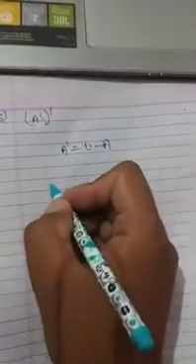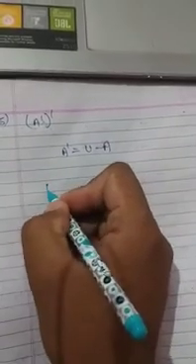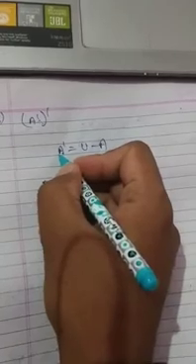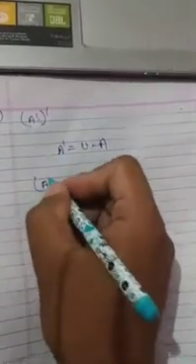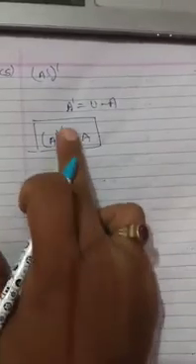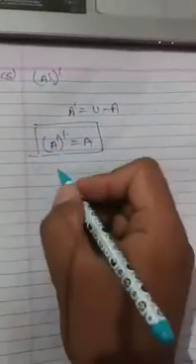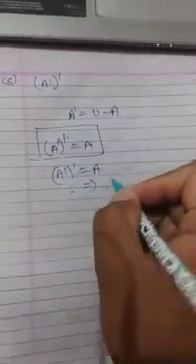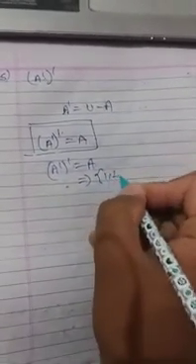So again we will write A dash, and on behalf of A dash we will write A double dash. A double dash will always give us A only. So the answer will be the set A, and what is set A? 1, 2, 3, 4.